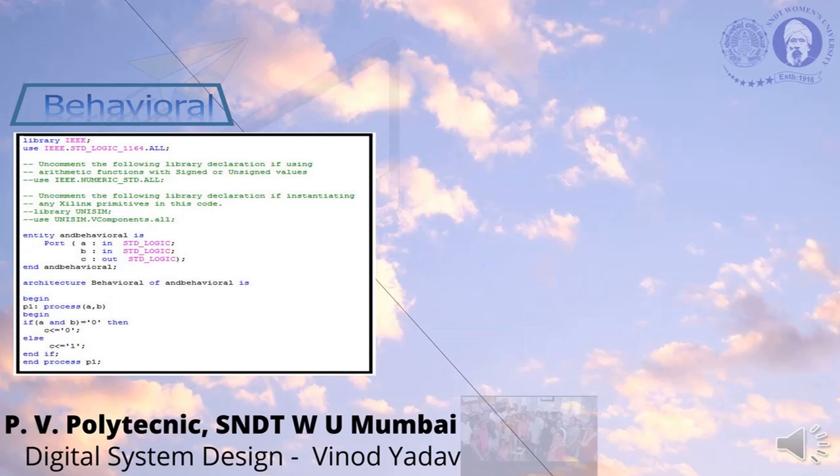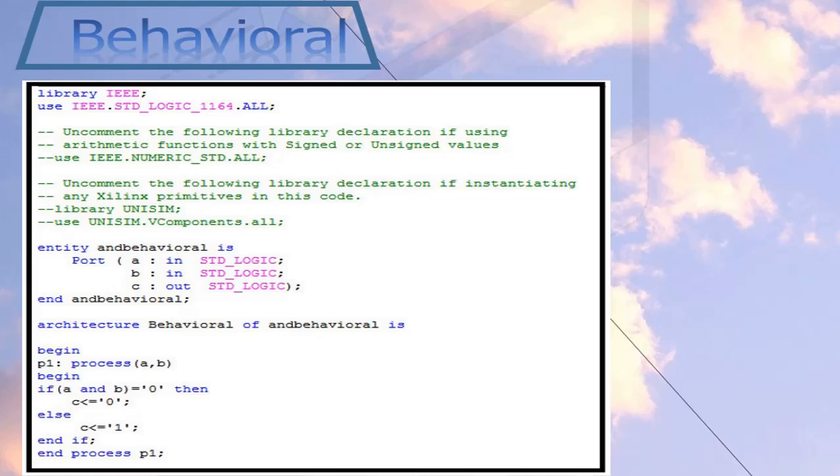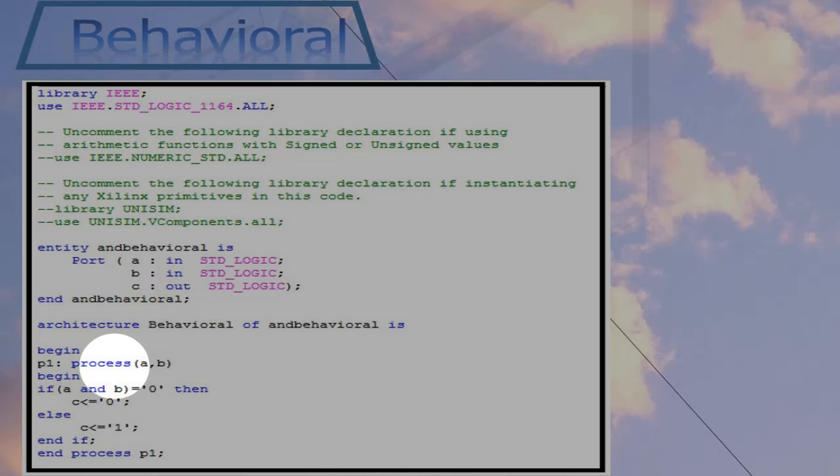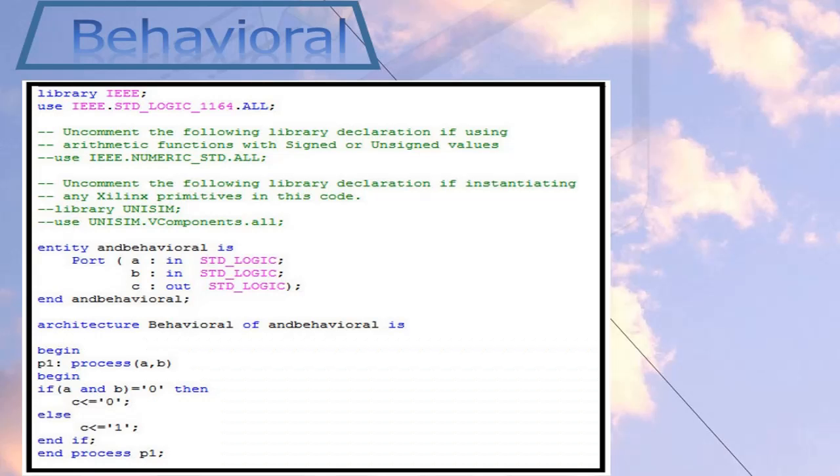Now, the first architecture, behavioral. You can see in an example that behavioral architecture starts with the process. We have defined an entity. You must have done such programming for your lab. In the first stage, you can see we have defined a library. We are saying that we will be using the standard logic 1164 library, all the components. Then we define the entity there.